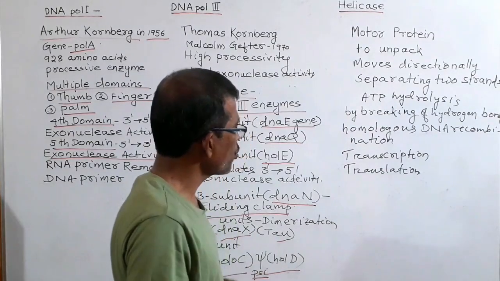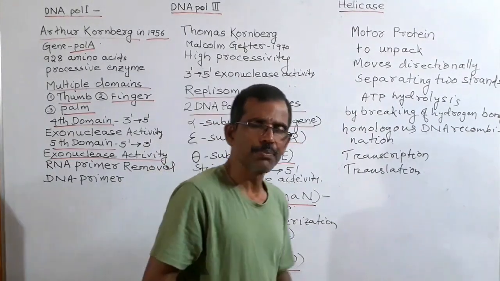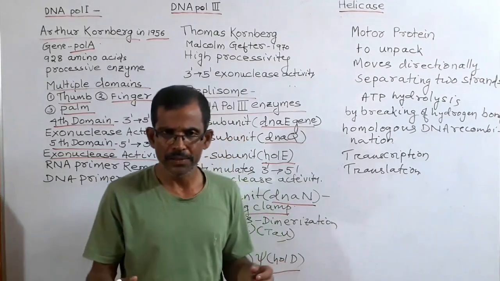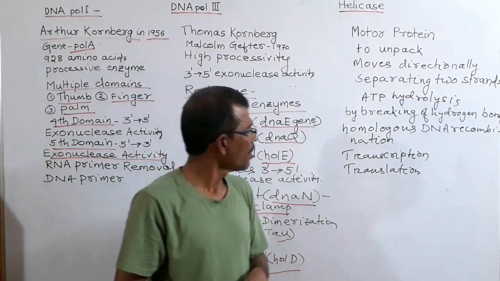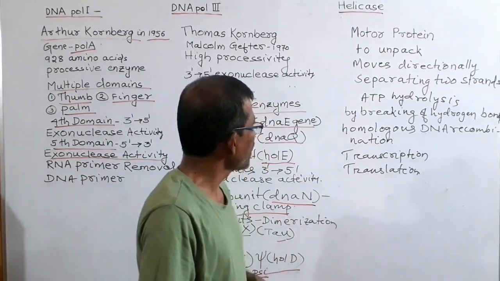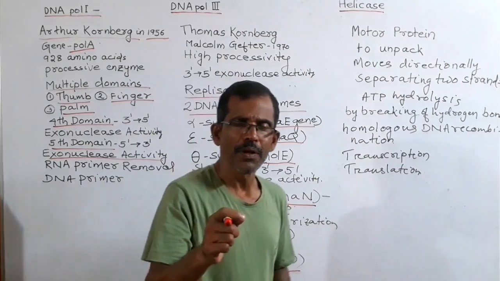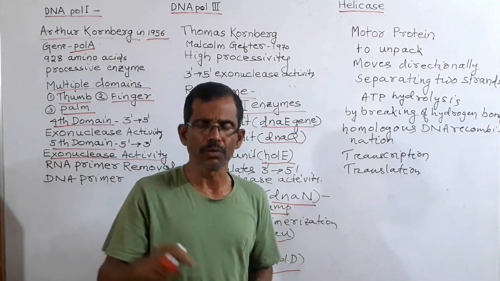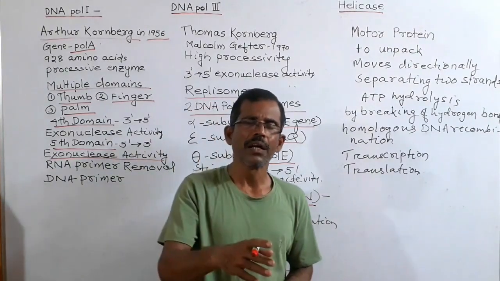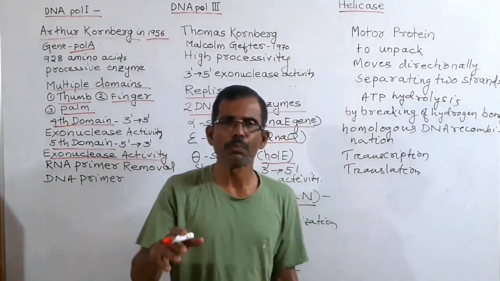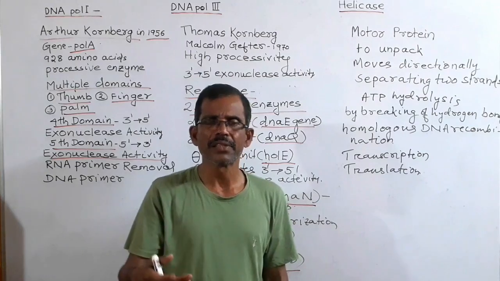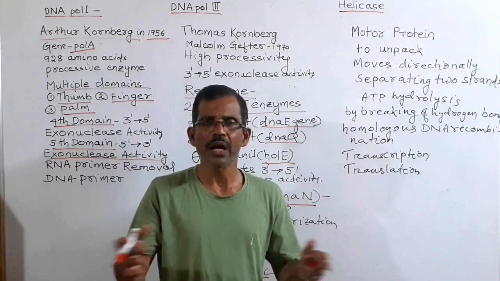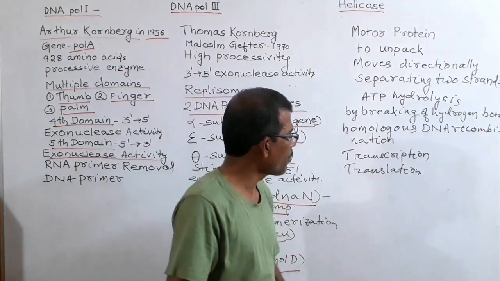Helicase is a motor protein. Its function is to unpack the double-stranded DNA molecule. This helicase moves in a direction along the sugar phosphate backbone. So by moving along the sugar phosphate backbone, the enzyme helicase separates the two strands of a double-stranded DNA molecule.